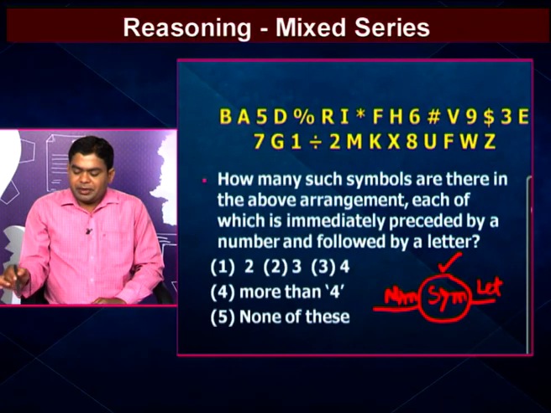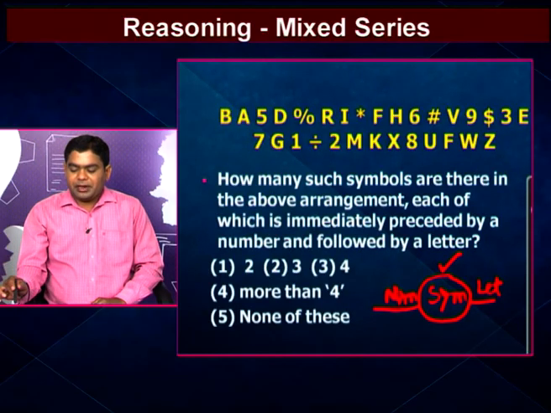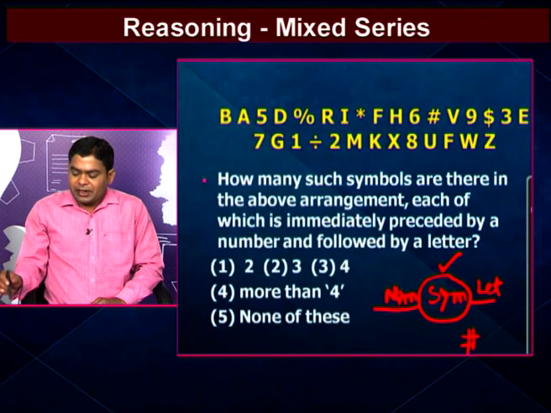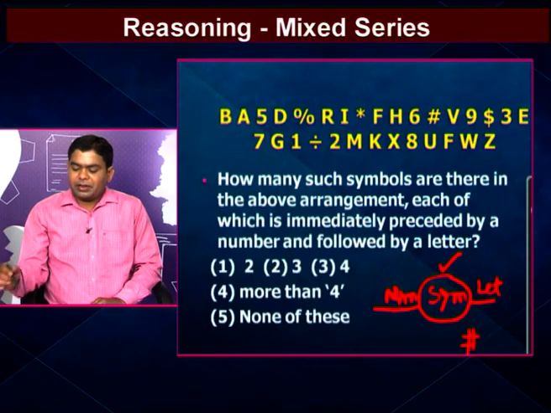Here the left side must be a number, but the left side of star is I, that means star does not satisfy the given condition. After that we go to the next symbol, that one is hash. Here it is preceded by a number and followed by a letter, that means hash satisfies the given condition. After that we go to the next symbol, that one is dollar.